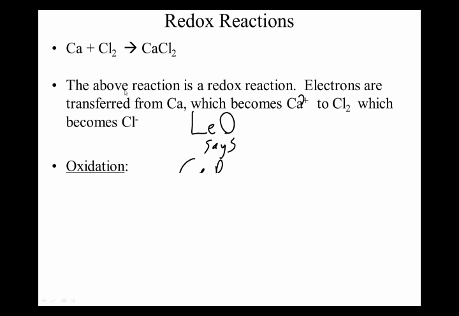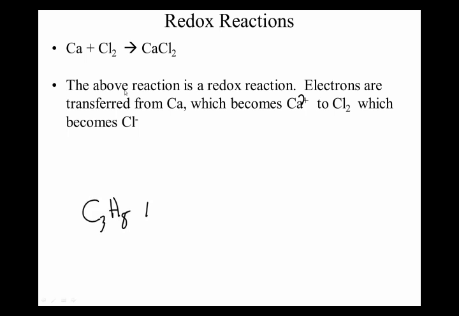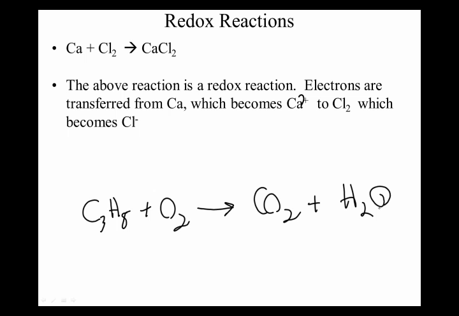But you would not know by looking that C3H8 plus O2 producing CO2 and H2O is an oxidation reduction reaction as well. This is not something you would immediately be aware of, right? Because none of these are ionic compounds, so you don't think of it in that way. But there is a loss and gain of electrons going on here.